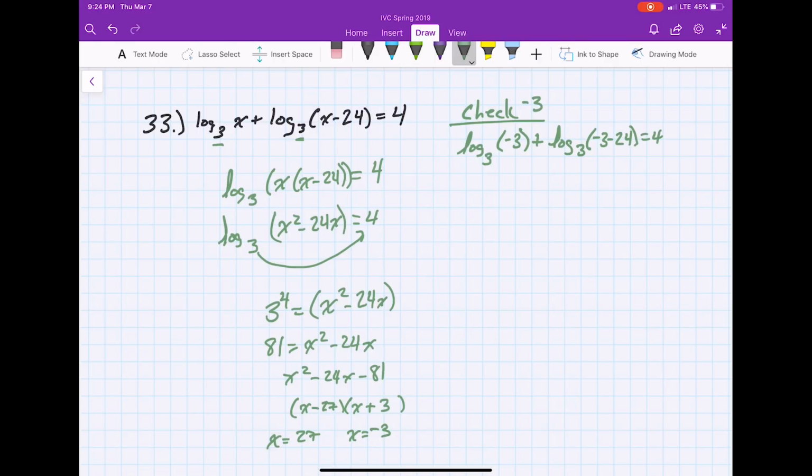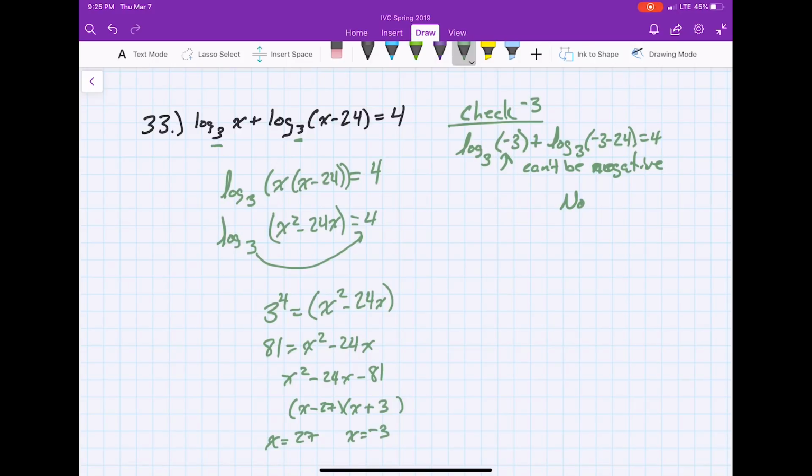Well, we cannot have negatives in these logs. So there's no solution for this. This is an example of why we have to check to make sure that it is an actual solution. So negative 3 is not a solution.